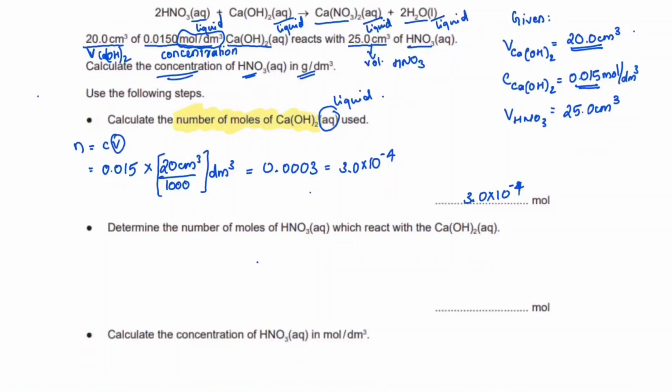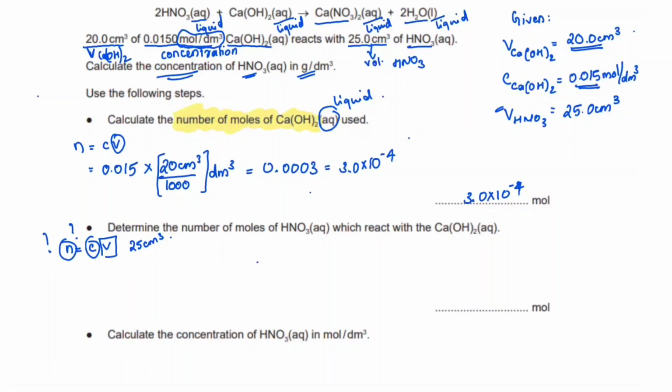Now, to determine the number of moles of HNO3 aqueous which reacted with calcium hydroxide, we have to use the stoichiometric ratio. If we try using the formula for liquids, n is equal to C into V, we know the volume of HNO3, which is 25 centimeter cube, but the number of moles is unknown.